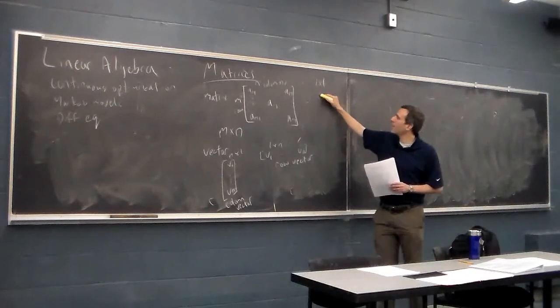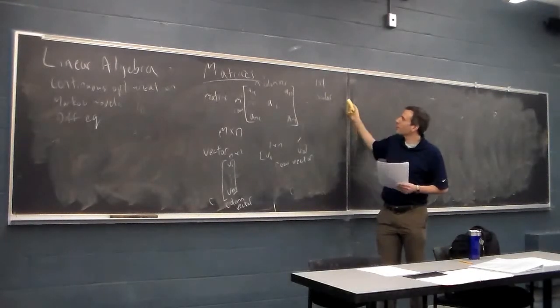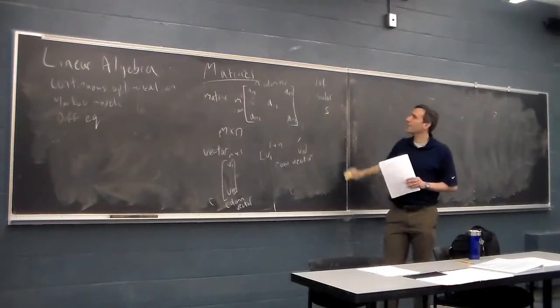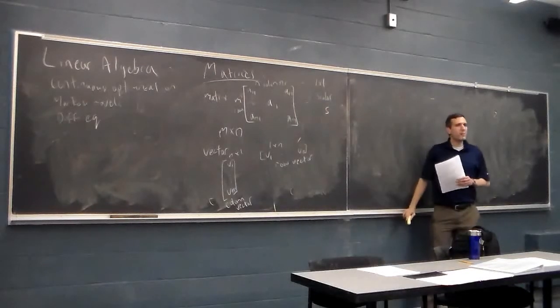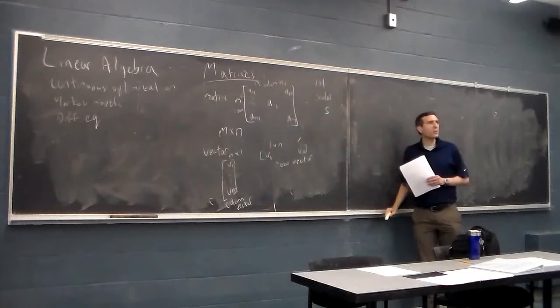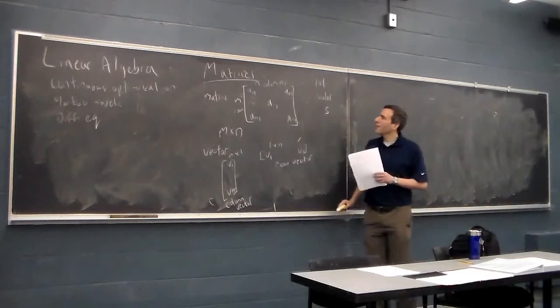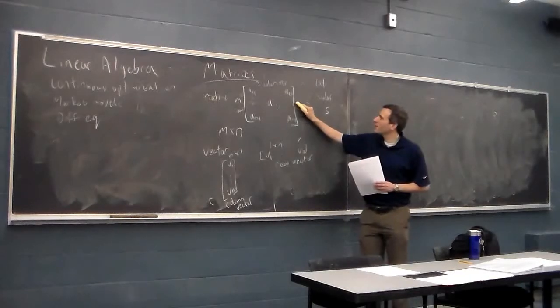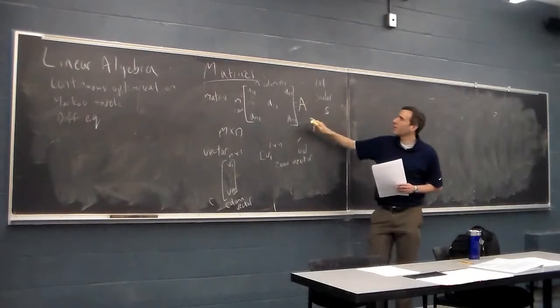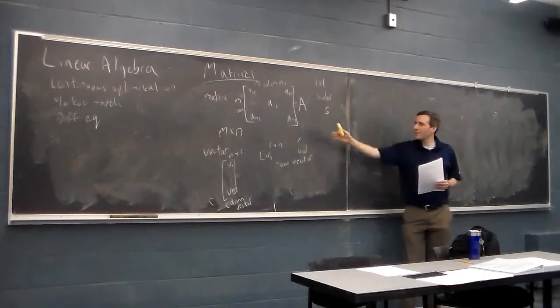Yes, that would be a scalar, and a scalar would just be a single number s. So canonically, we'll have some notation we would often use to disambiguate these things when it isn't clear from the context. A matrix will commonly be denoted with a capital letter, so capital A, for example, would be this matrix.